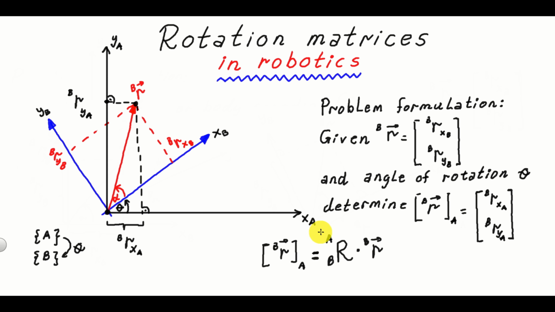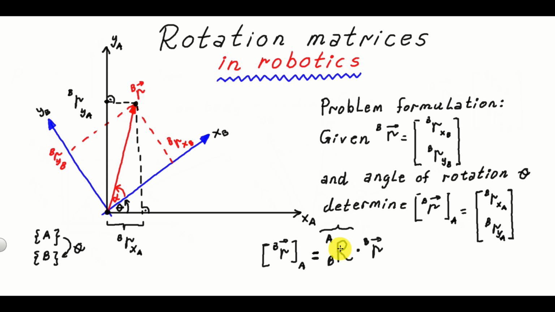This matrix over here is called the rotation matrix. So what does this matrix do? It takes the vector in the coordinate system B and transforms its projections into the coordinate system A. And the transformation is performed by simply multiplying a vector by a matrix.